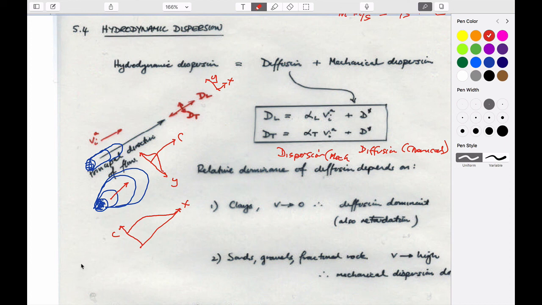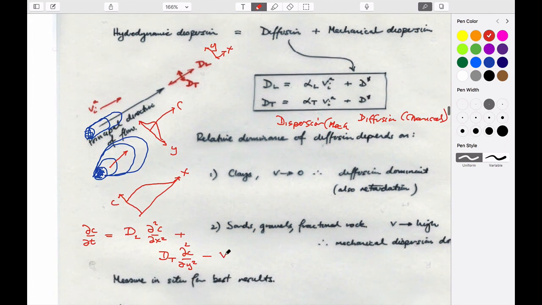And so this partial differential equation looks something like: accumulation, the rate of change of concentration at a particular location, is equal to longitudinal dispersion, transverse dispersion, and advective velocity.